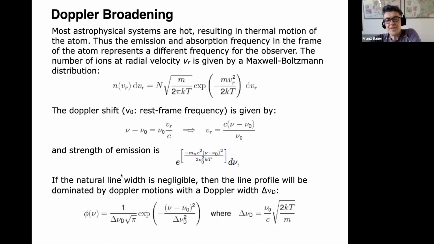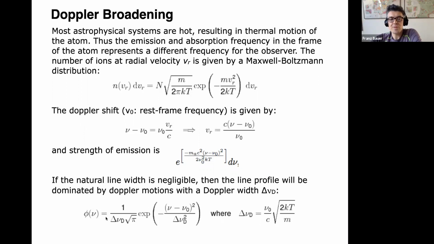And so if the natural line width is negligible compared to the Doppler broadening, then obviously the Doppler broadening dominates. And so then the line profile, which we can show as this functional form here, is going to go as this sort of exponential around this line center divided by some sort of normalization here, which is related to the temperature and the original velocity line center.